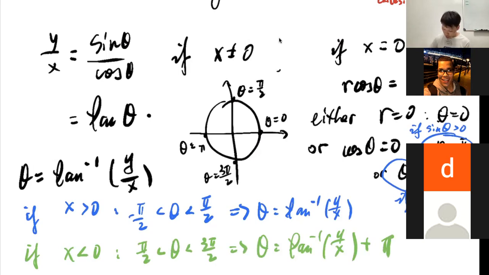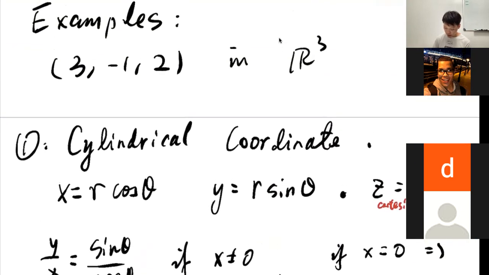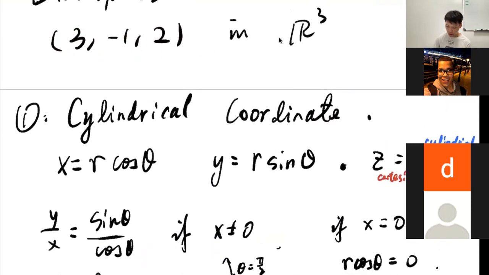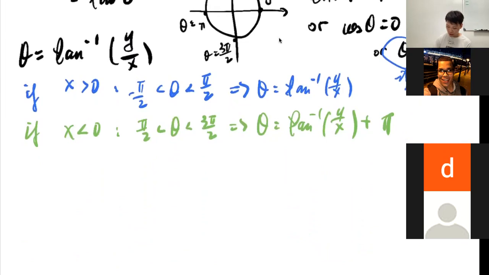Right. So let's see how we can use it in an actual example. So now you have (3, -1, 2). Now we want to represent it in r, theta, and z.